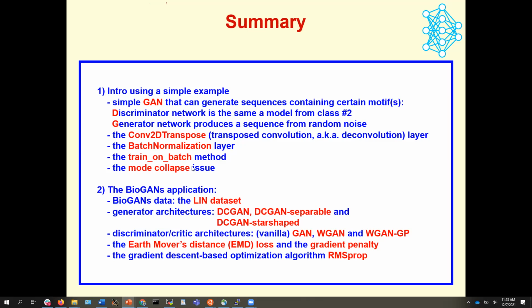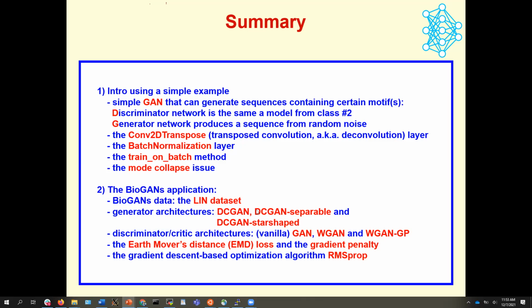And we discussed mode collapse, an issue that occurs when the training data set comprises not a single type of data, but maybe 2 or more different types of data. Then we discussed BioGAN's application, the lean data set of images that we used as input.